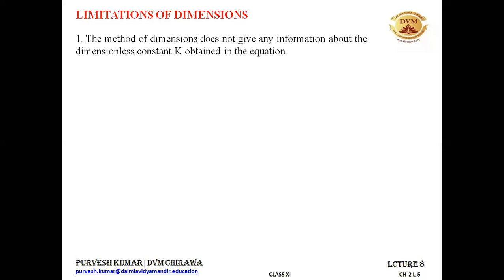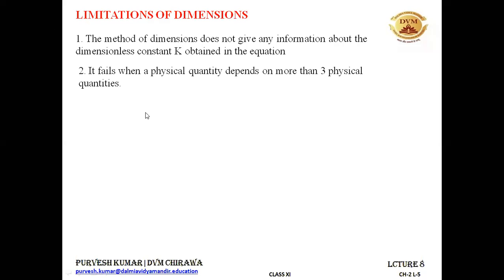All right. Again, it fails when a physical quantity depends on more than 3 physical quantities. If there are physical quantities which depend on more than 3 physical quantities, then we are not able to solve that one. So at maximum it can solve the equation for quantities that depend on three factors. More than that, this method fails.